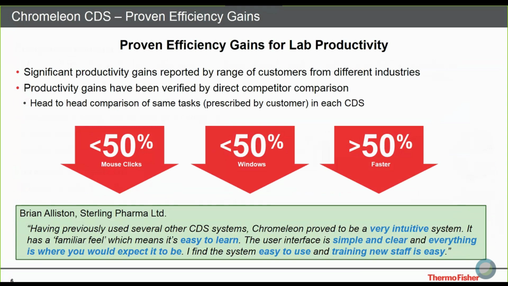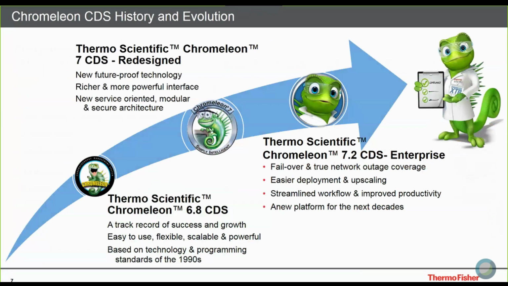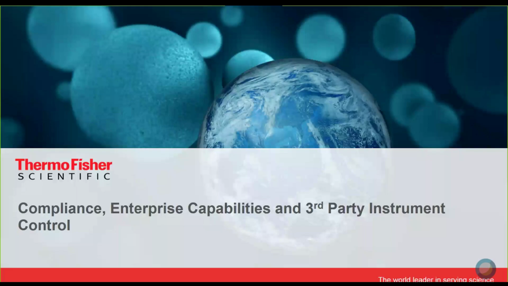It's just how the data worked out. We're actually repeating that statistical study this year with the more recent releases of our competitor software. I'm going to skip this slide just in the interest of time here, so we can go on to the compliance, enterprise capabilities, and third-party instrument control.